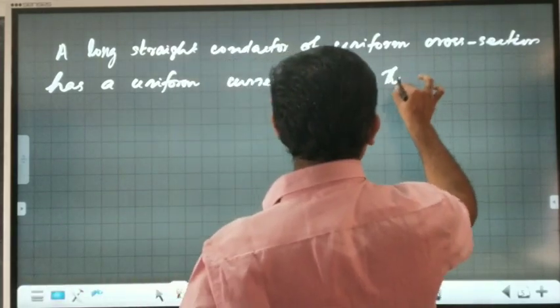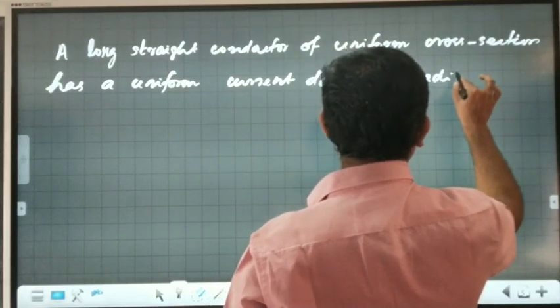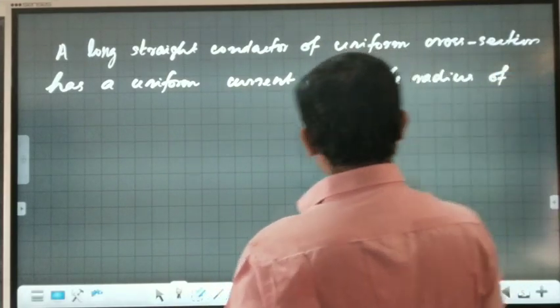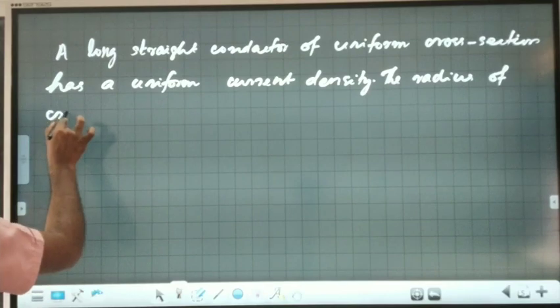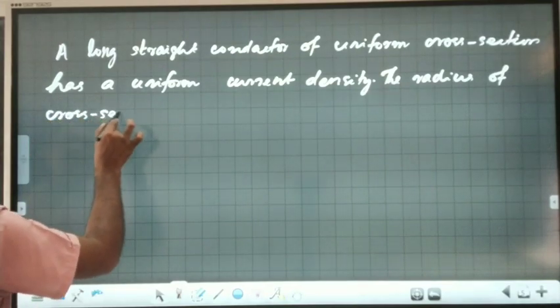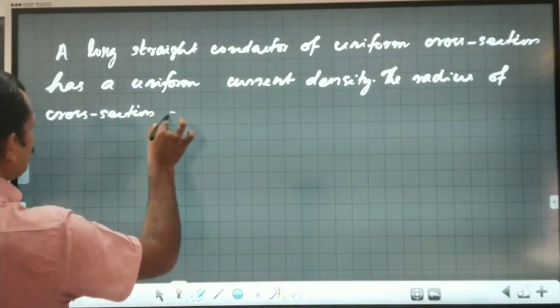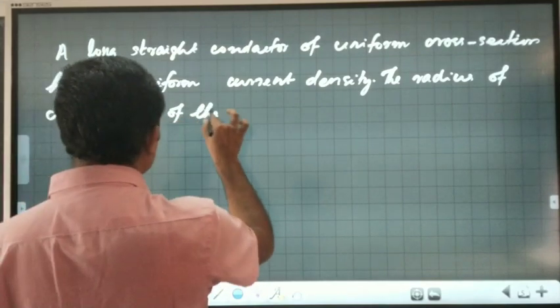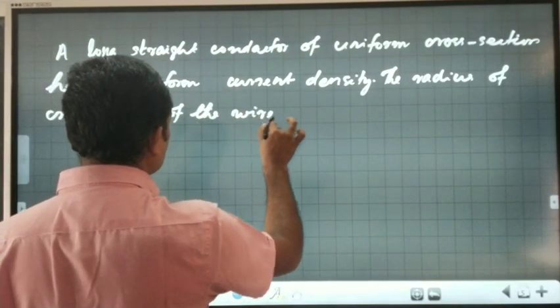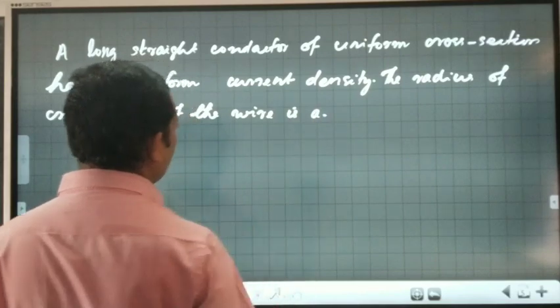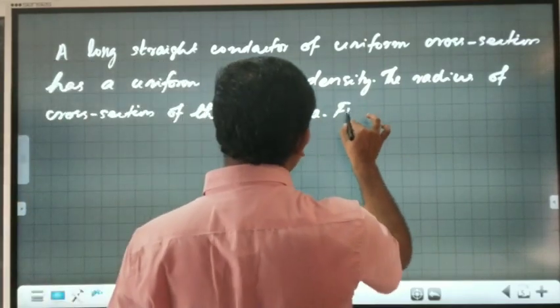The radius of cross section of the wire is A.